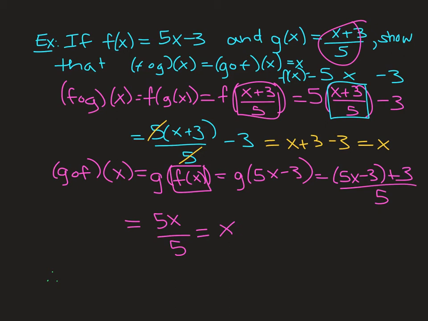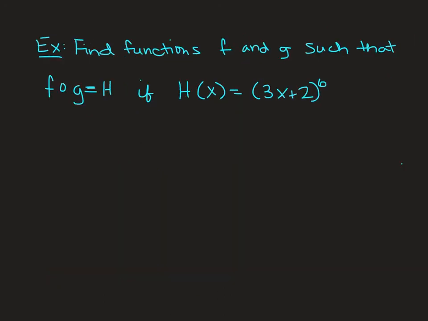That means therefore in math. If you're proving something, you can just restate what you're proving. So we have therefore f of g of x is equal to g of f of x is equal to x.